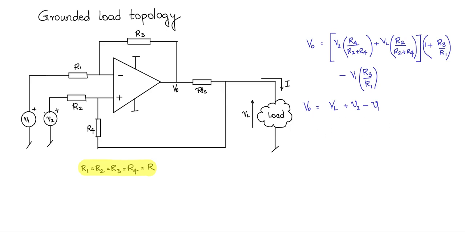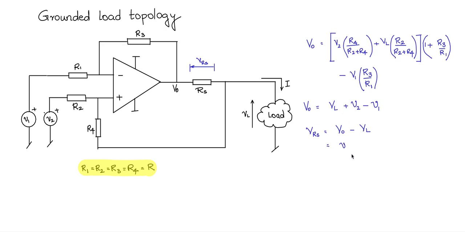Now what is the voltage across RS? VRS is this voltage V naught minus VL. So VRS is equal to V naught minus VL. But what is V naught? V naught is VL plus V2 minus V1, minus this VL.